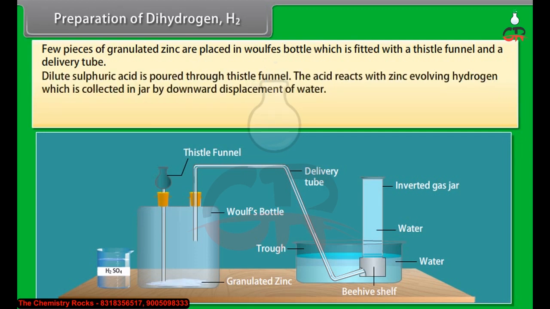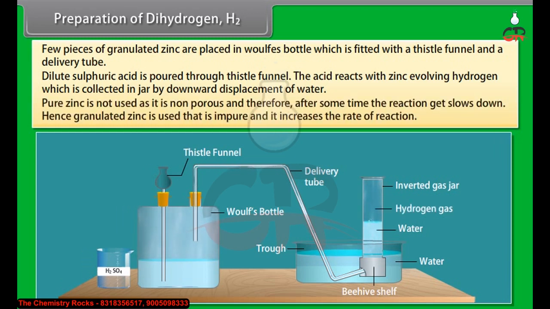Dilute sulfuric acid is poured through the thistle funnel. The acid reacts with zinc, evolving hydrogen, which is collected in a jar by downward displacement of water. Pure zinc is not used as it is non-porous and therefore, after some time, the reaction slows down. Hence, granulated zinc is used, that is impure and it increases the rate of reaction.